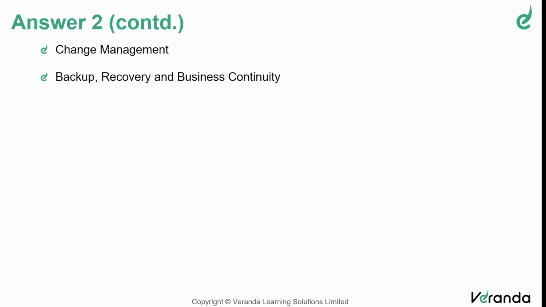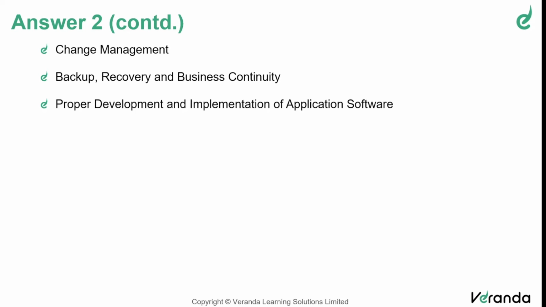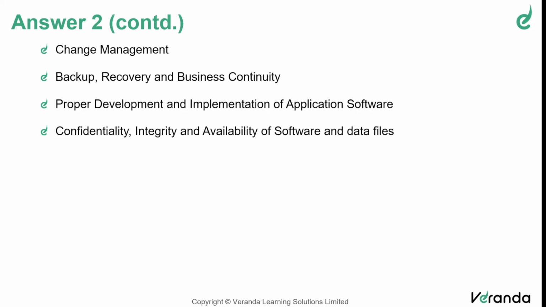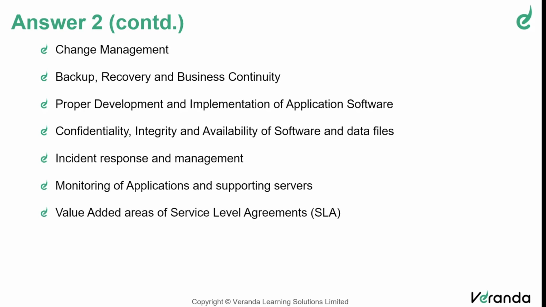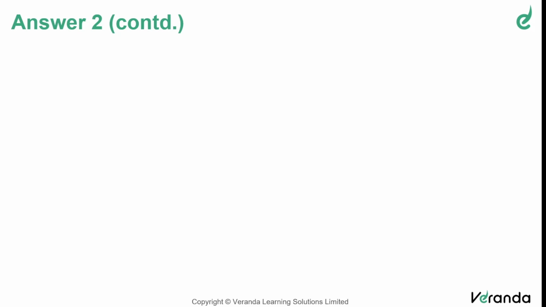He needs to store his file in a server: backup, recovery. He will be given some special softwares, so proper implementation of relevant softwares and availability of the software and data files. Incident response and management: in case he has an issue, who should he report to? Some SLA, service level agreement, and some point on user training.